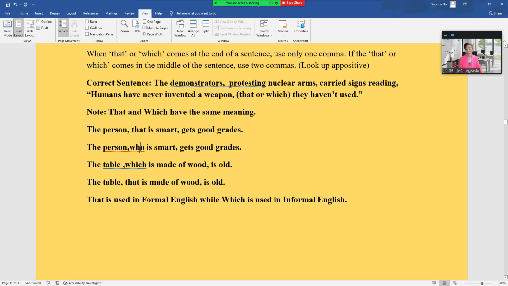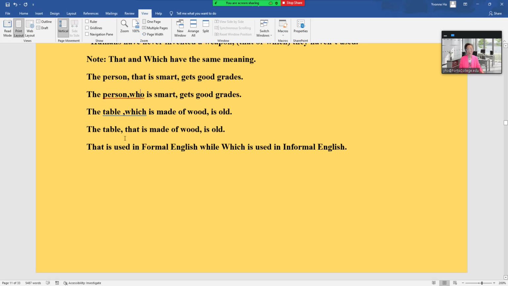And if we're going to write for our teacher and use formal English, we use who. Same thing with table: we use that if we're talking to our friends, and we use which if we're using formal English. So this is the difference between that and which and who.